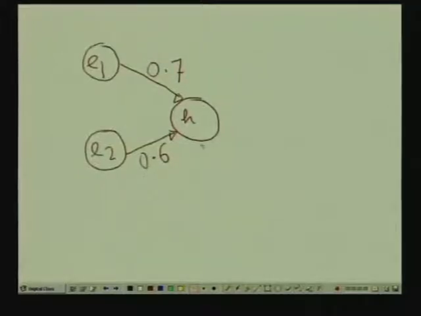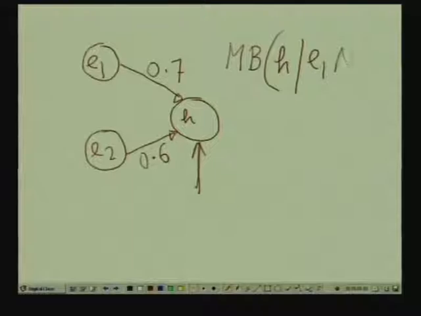Now, what is my combined belief in H? That is what I want to know when I take both these evidences together. So, what I want to know is what is my measure of belief in H given E1 and E2.